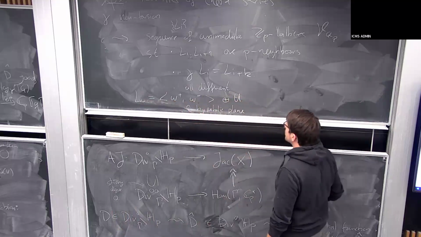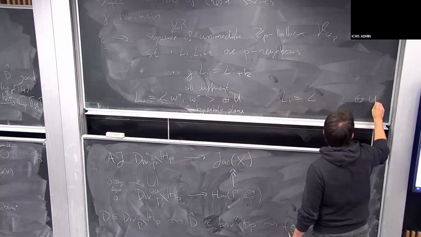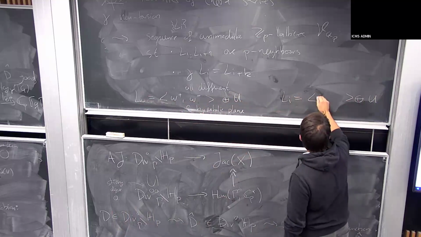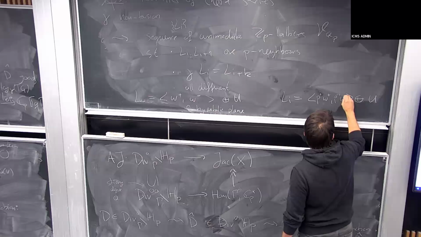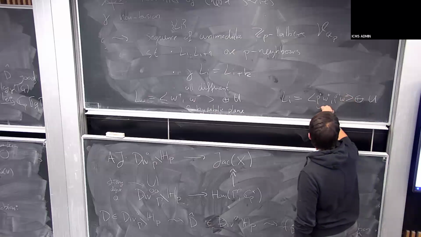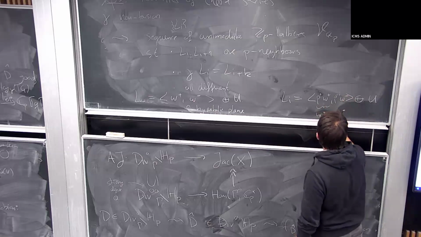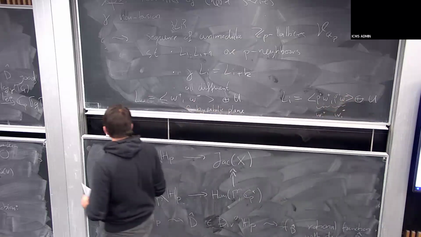The L_i are always of the form: the same U, and you take p to the i W plus, p to the minus i W minus. So these are exactly the lattices you get, and let's call this maybe W_i plus, W_i minus. So it's very explicit how these things look.